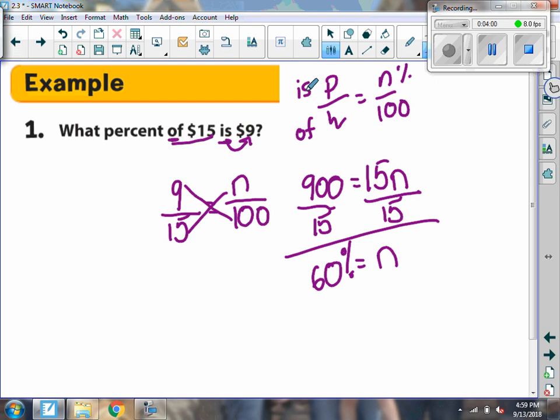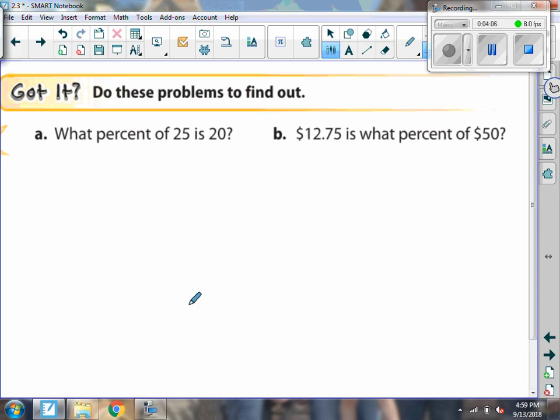So remember your keywords. "Is" is your part, "of" is your whole, and your percent sign is for your percent. So let's go over A together. So copy that down. What percent of 25 is 20? So let's start with "is." Does "is" go with 25 or 20?